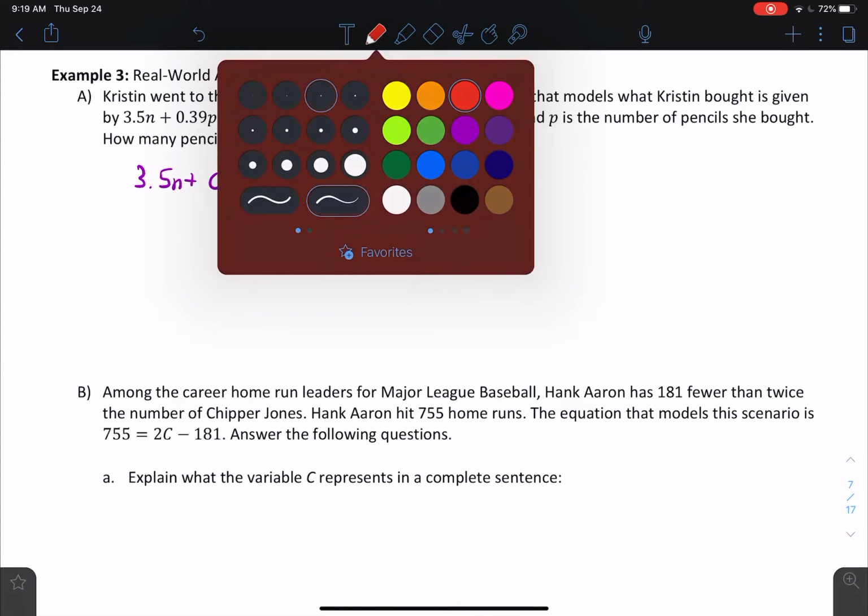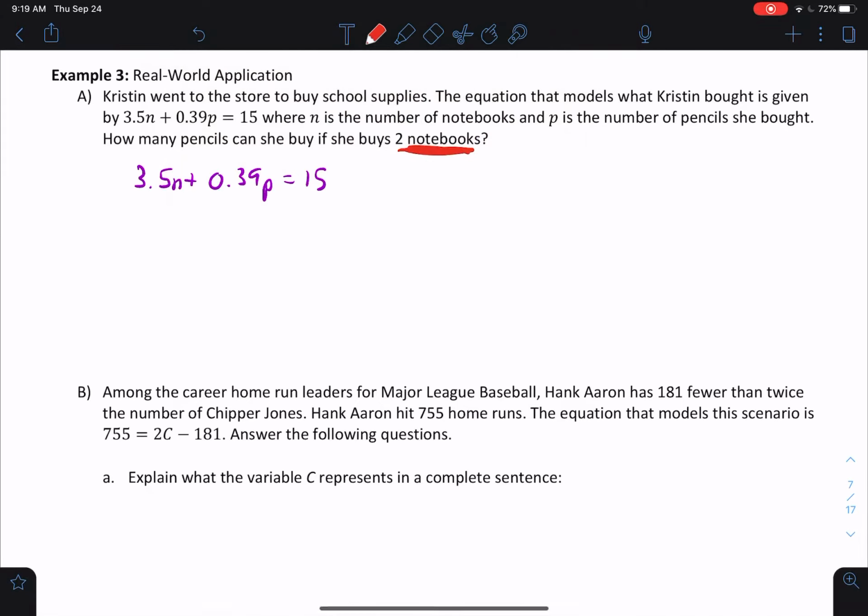So this part right here is key, because I have 2 variables there. I don't know how to solve yet when I'm dealing with 2 variables. But if she buys 2 notebooks, that means I can plug in 2 for n. And now I can solve this. Okay, so we have 7 + 0.39p = 15.